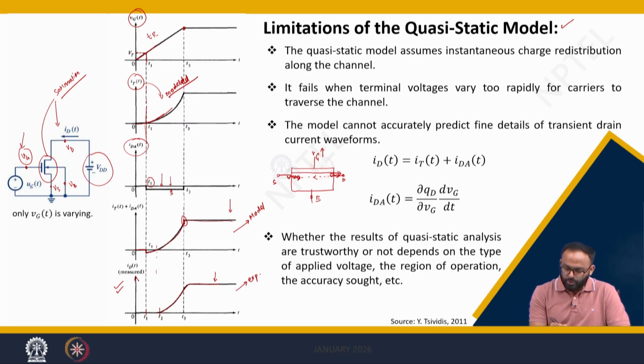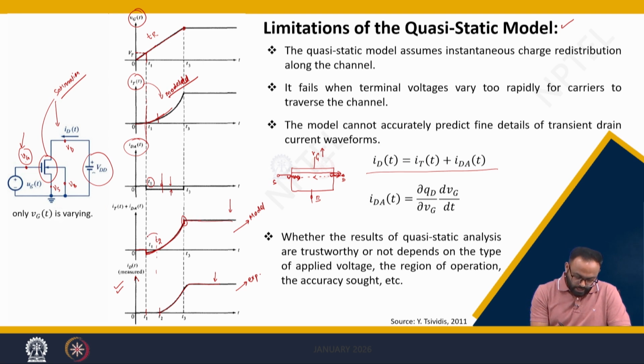Now when you use our quasi-static model, which shows that IDT is equal to IT plus IDA, and you merge this graph plus this graph, you will get a small negative current till point T2. After point T2, the voltage is still increasing, and hence the current will increase and attain its steady state value at this point.